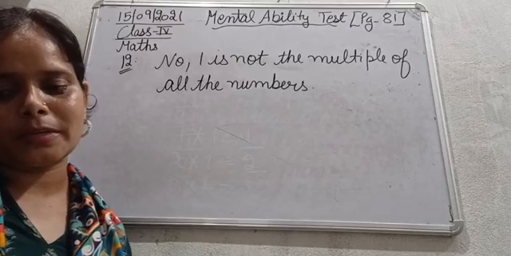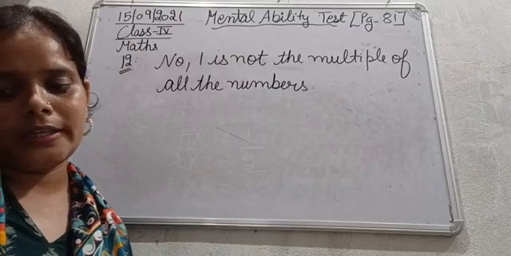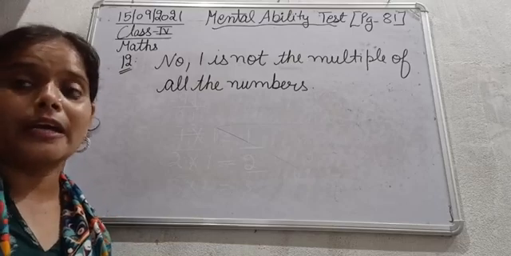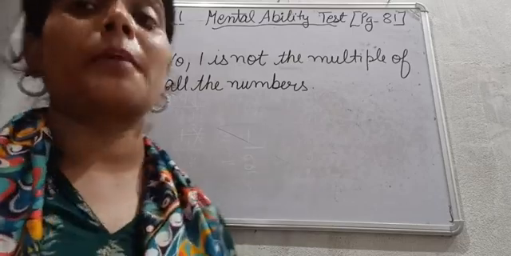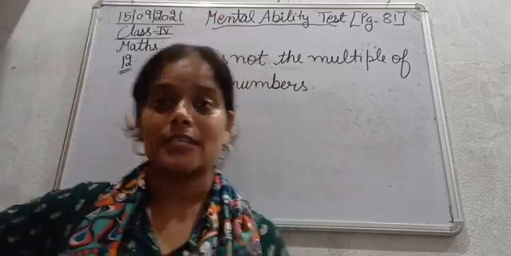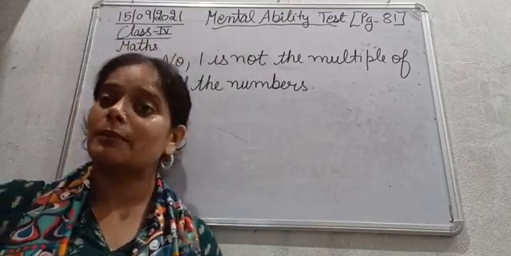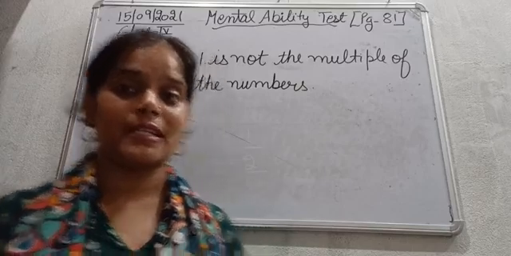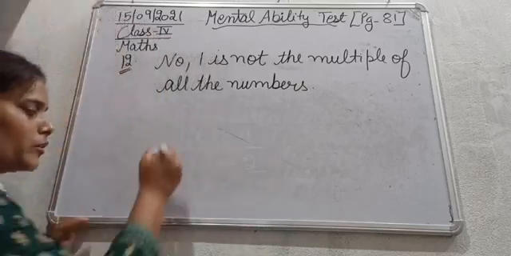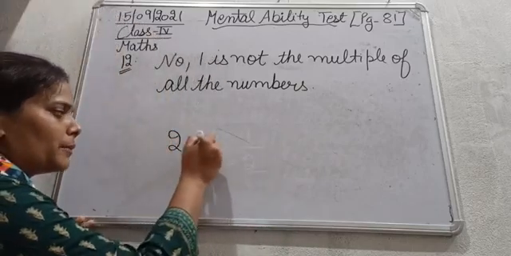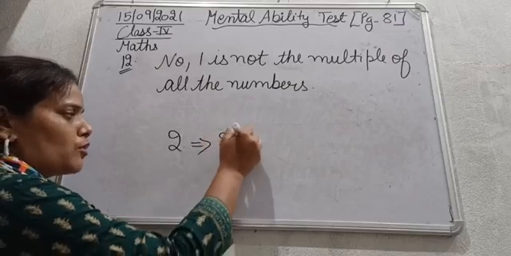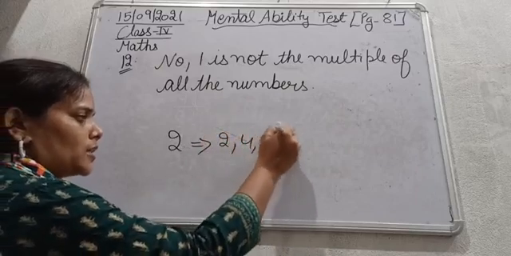Is the smallest multiple of a number the number itself? Okay, yes. The smallest multiple of every number is the number itself. If I told you to find the multiples of 2, that will be 2, 4, 6, 8 and so on.